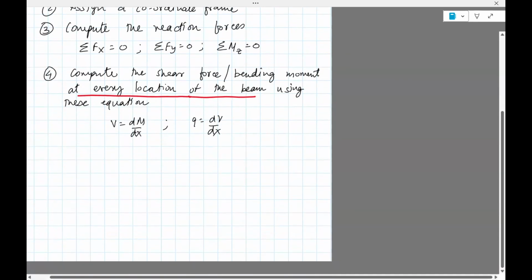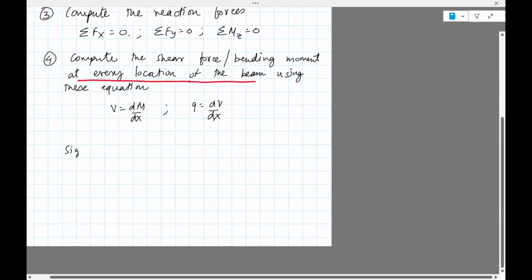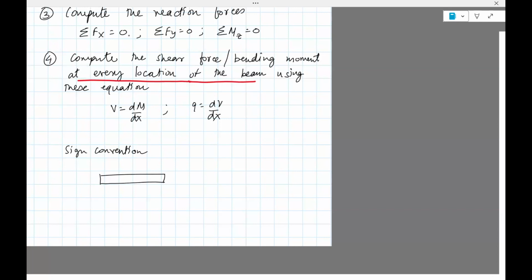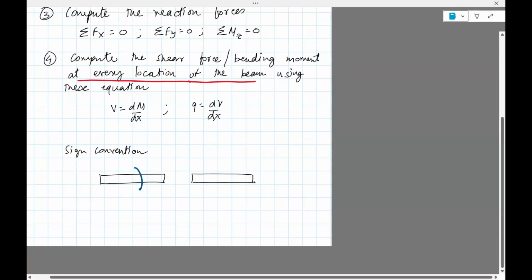Okay, so the sign convention. So I have a sign convention for the coordinate frames. This is for the reaction forces, but I need a sign convention for V and M. So the sign convention we'll follow is this. As I said, we'll break the beam down into a left section and right section. On the left section, we'll assume that for the moment, counterclockwise is positive.